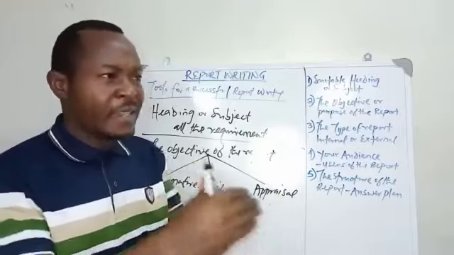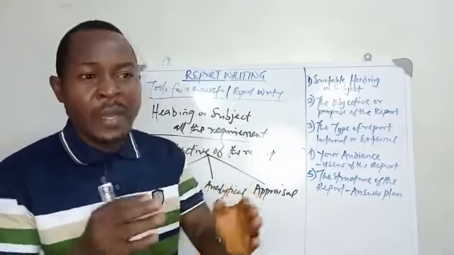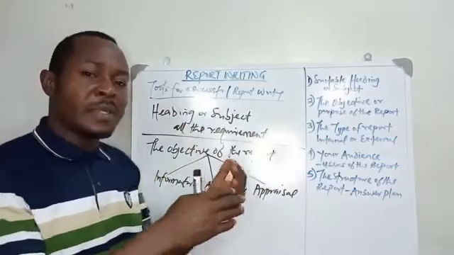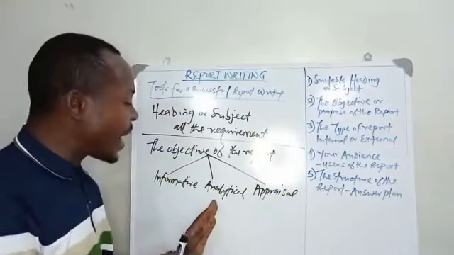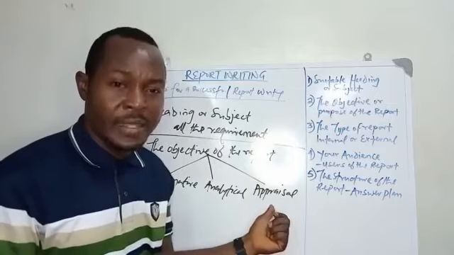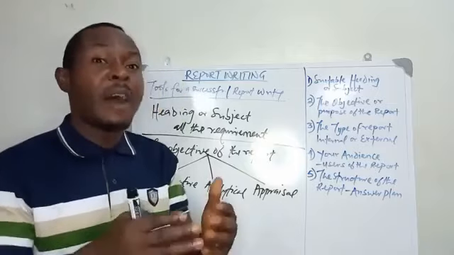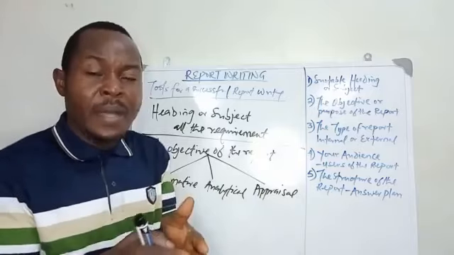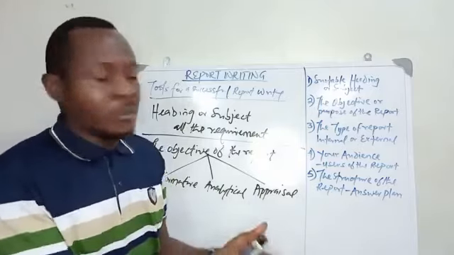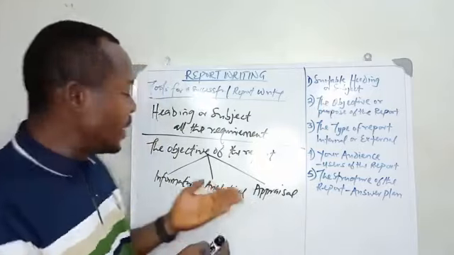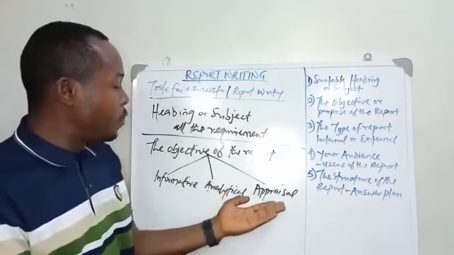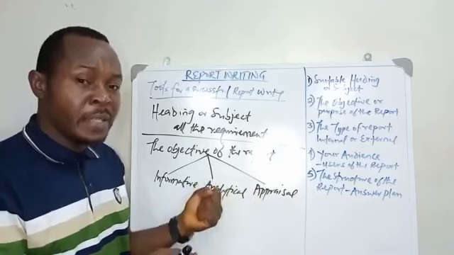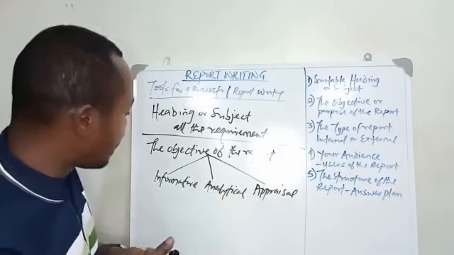In analysis, you put words together, you relate the external factor with the internal factor, you relate the performances, etc. That is analysis. Now, is it to appraise the performance of the management? Is it to appraise the performance of the staff? Whatever it is, you must let us know under the objective of the report. Please bear it in mind. I hope you are following.